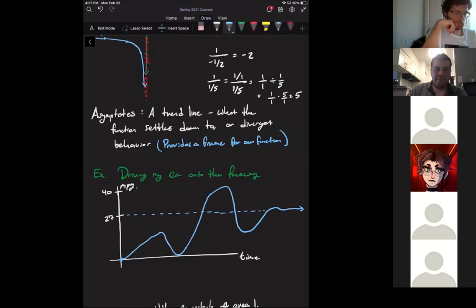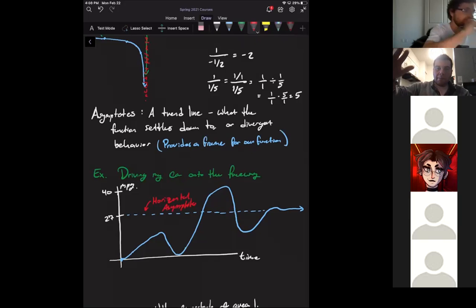This is a function you might want to model with a rational function, because it goes up and down, and then levels off at this horizontal asymptote at 27. It's also a trend line, in the sense that even when I'm on the freeway, I'm not always going to get 27 miles to the gallon.